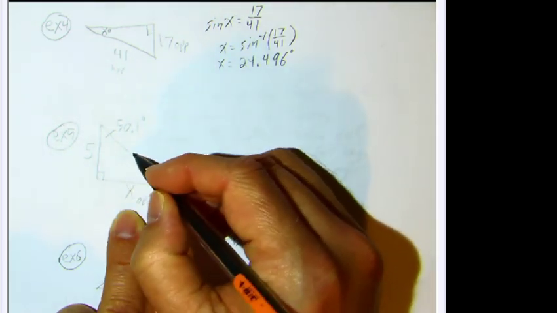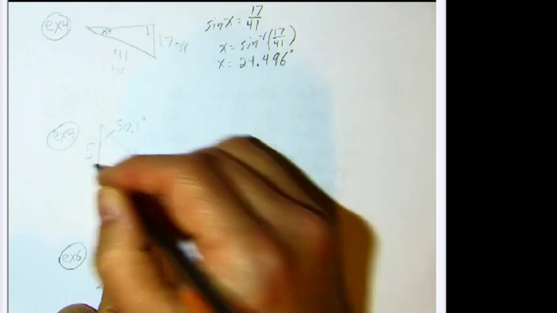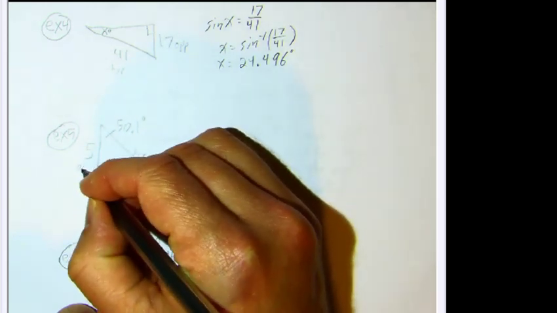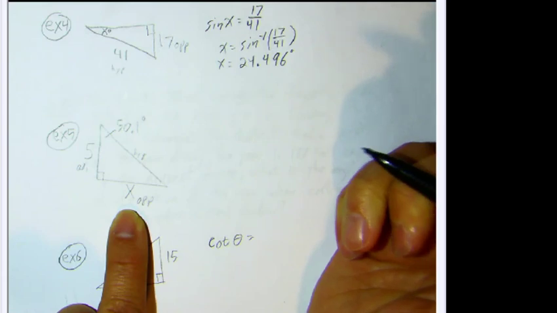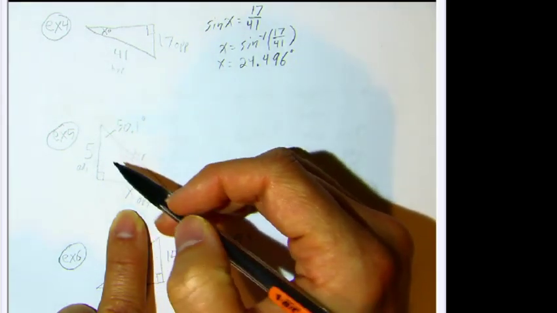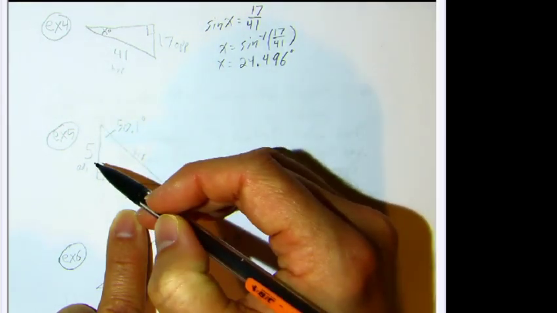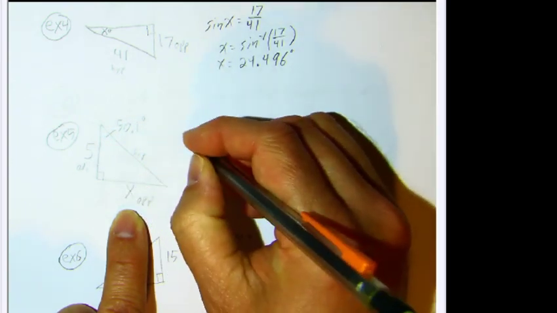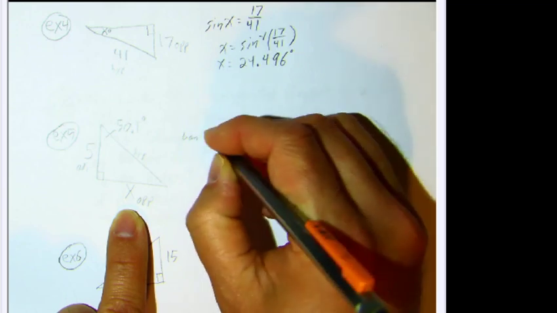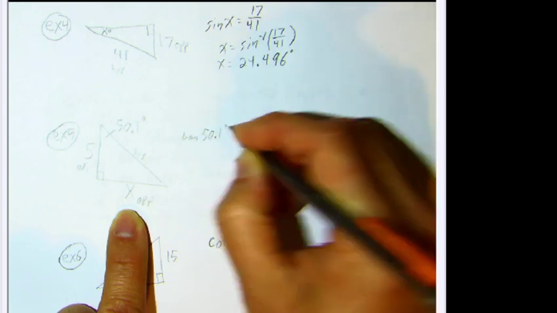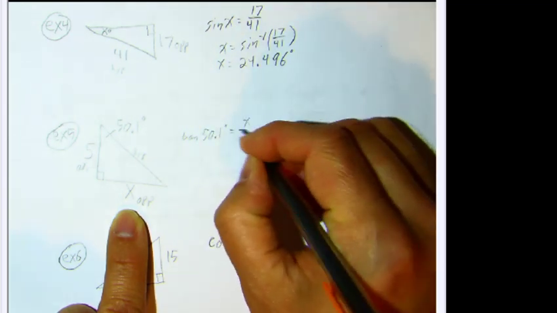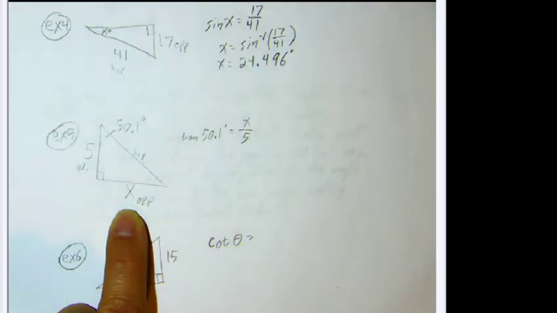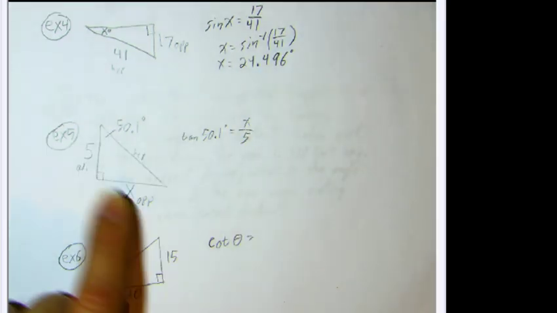From the 90, here's our hypotenuse, and that makes the other side here adjacent. So then from this 50.1, we have opposite and adjacent that we have numbers for. So then I could say tangent of 50.1 degrees is going to equal x over 5, because that's opposite over adjacent.